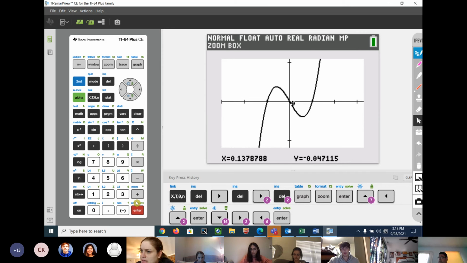Okay, there's our function. And it looks like -1 and 0 is right there at the left.